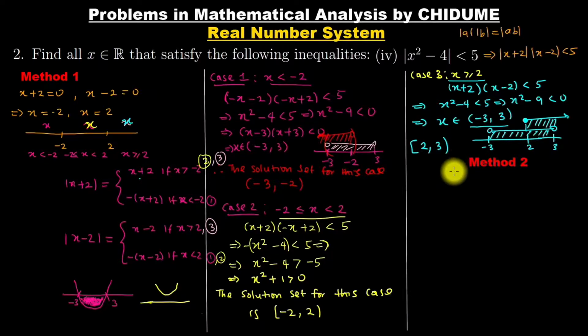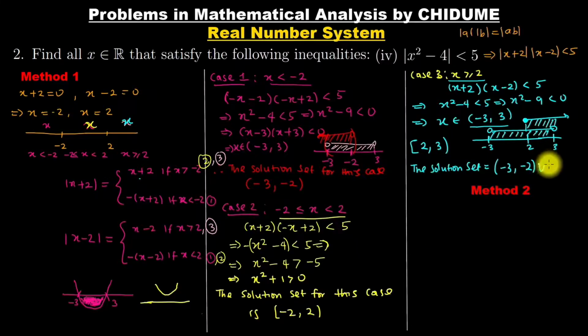So if I take the union of the 3 cases, what am I going to have? For the first case we have (-3, -2), union.